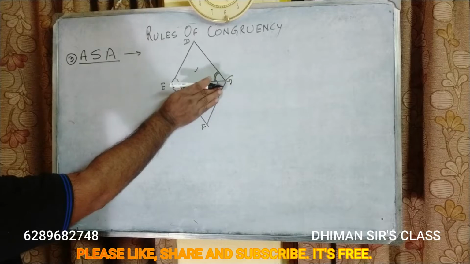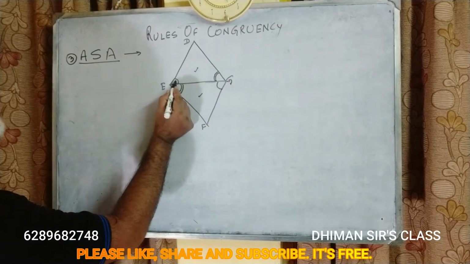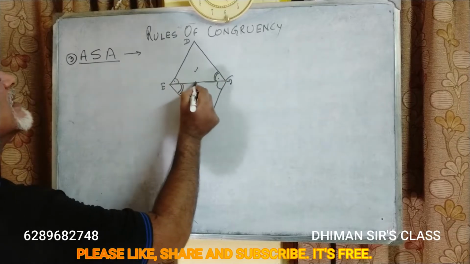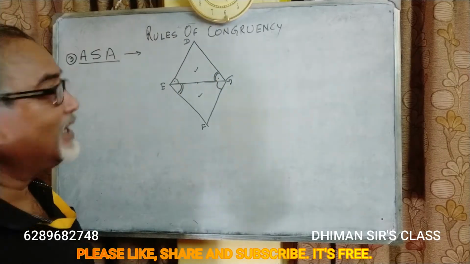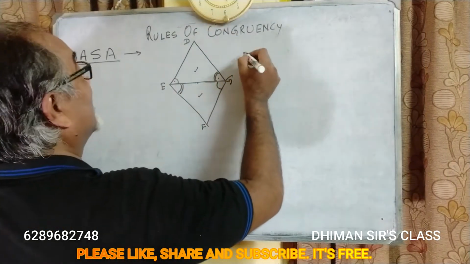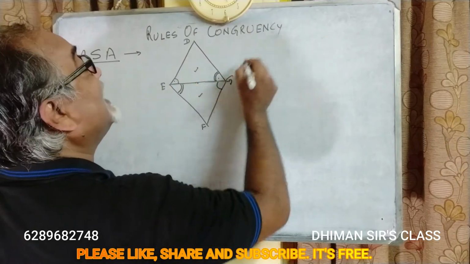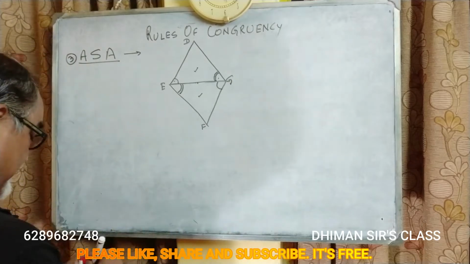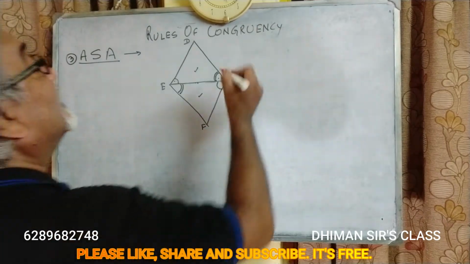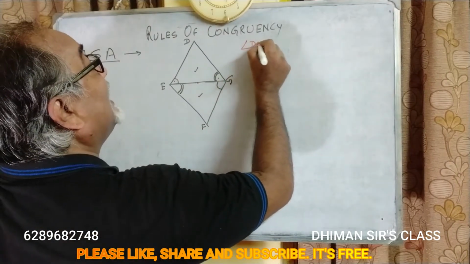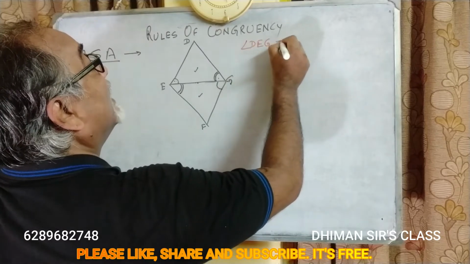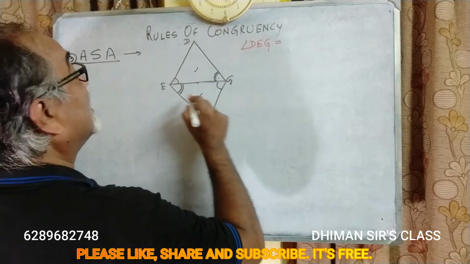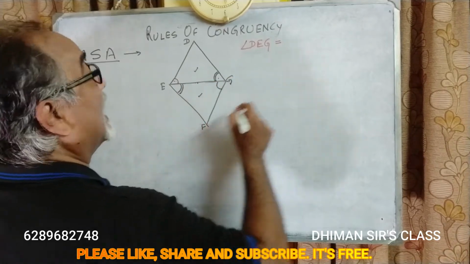Obviously, forget this triangle. See, this is the side and this is the angle. So, by angle, side, angle. Okay? So, you will say here, angle DEG is equal to angle EGF.